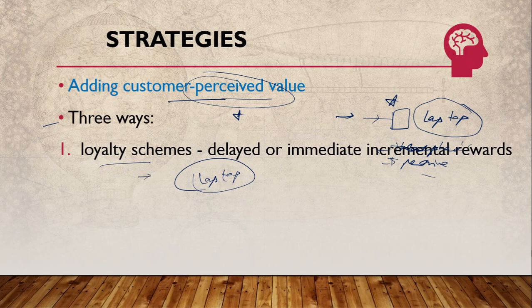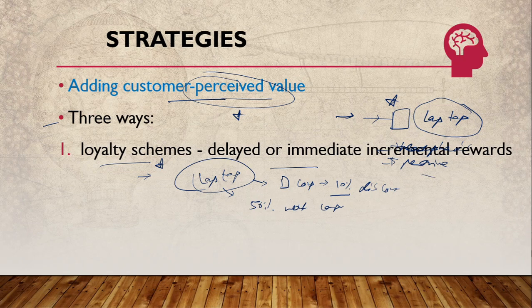The loyalty schemes are the ones in which there are some delayed or immediate incremental rewards. Let us say when you purchase a laptop, you are given a coupon of, let's say, 10% discount on the next product, or you will get a 50% discount when the customer purchases the next laptop from your organization.